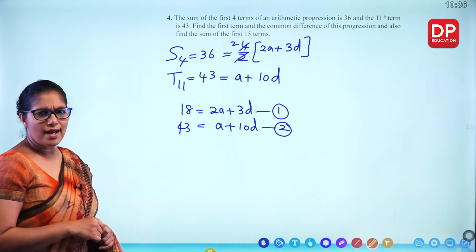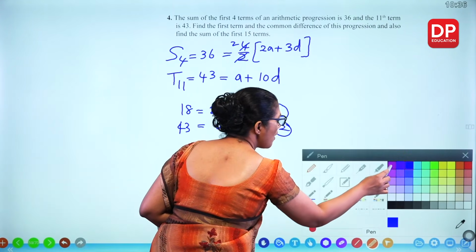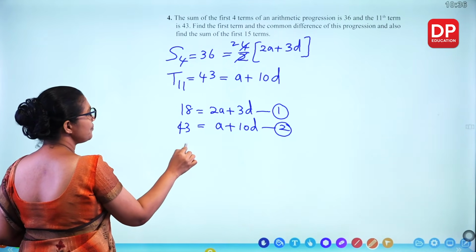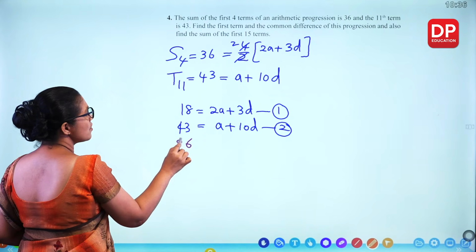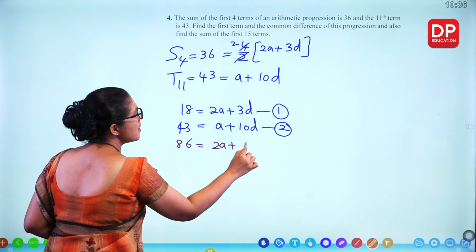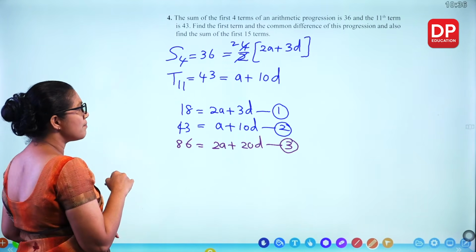Can we just subtract? No, we can't do. We have to convert to the same coefficient. So I'll multiply the whole thing by 2. 2 times this 43 is 86, 2A and 20D equals this one. So that's my third one.